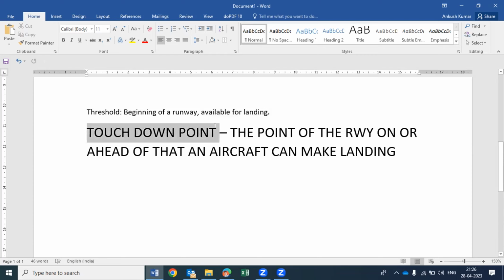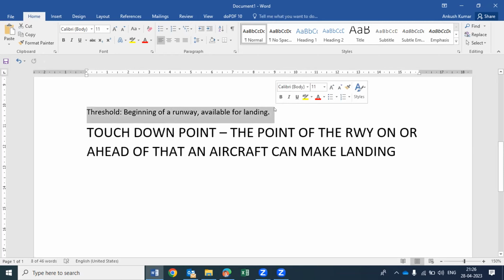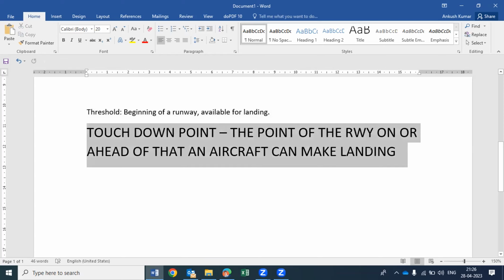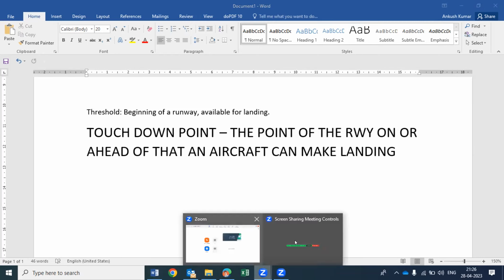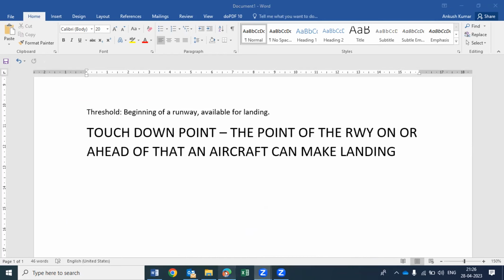This is the standard definition that you need to write in an exam. But if the examiner asks you to explain it more, you can explain it this way: the point of the runway on or ahead of that an aircraft can make landing. That is the touchdown point for you guys, right?